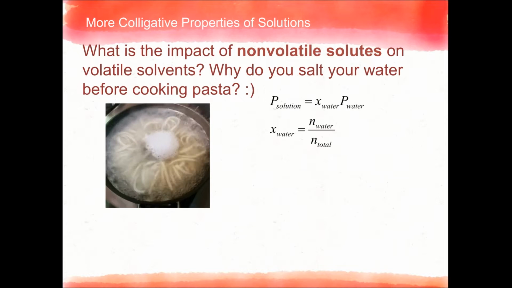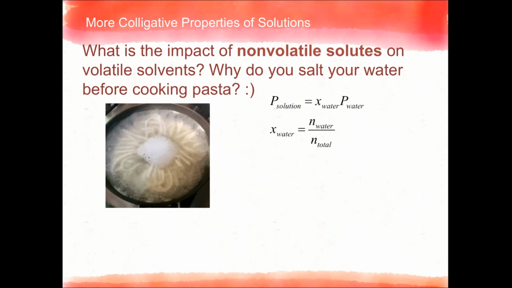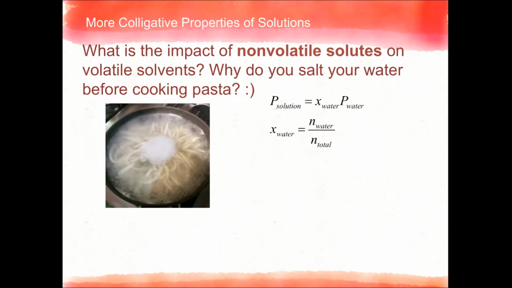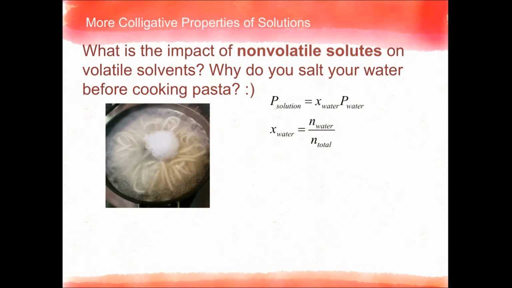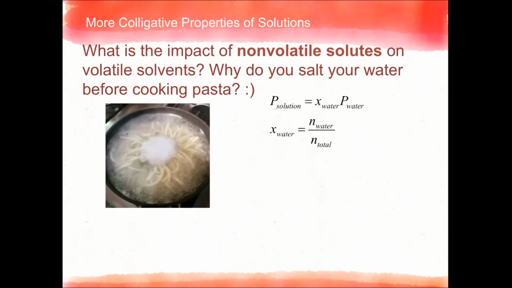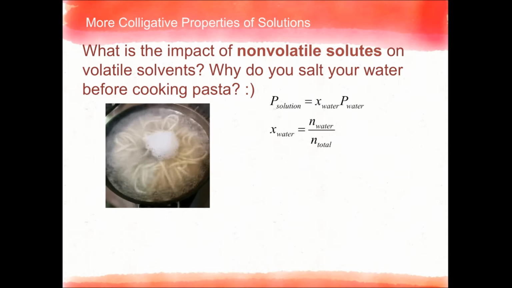So that means that we need to increase the vapor pressure somehow to match atmospheric pressure. And what that means is that you're going to boil at a higher temperature. So in effect, you are boiling your spaghetti at a higher temperature.